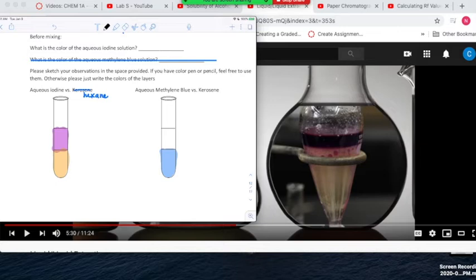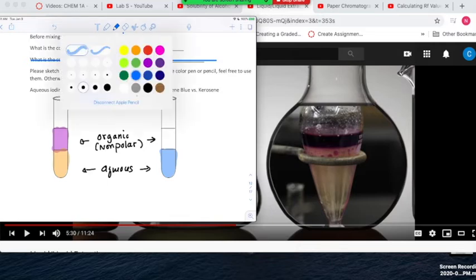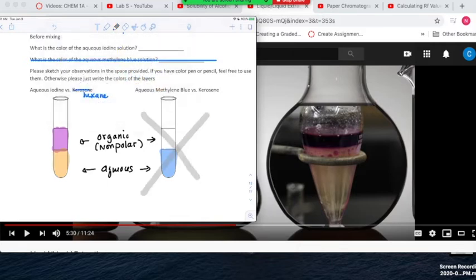So for both of these, we have our aqueous down at the bottom, and we have our organic, which is nonpolar, up at the top. But again, you do not have to do this one on the left. I was just showing you what it would have looked like.